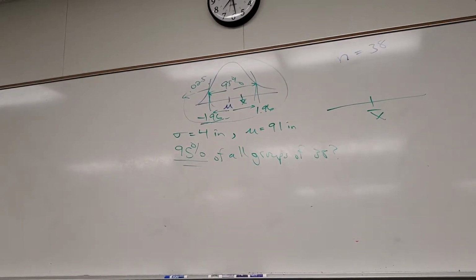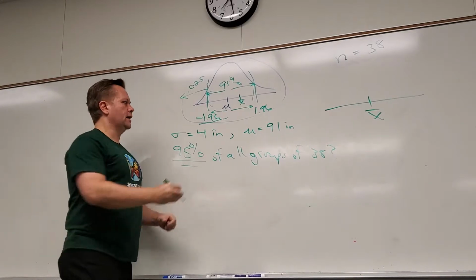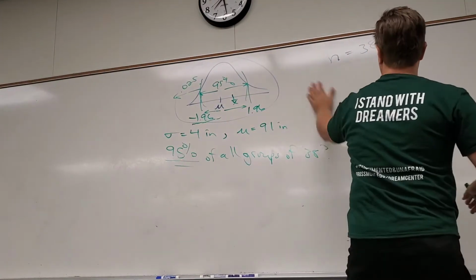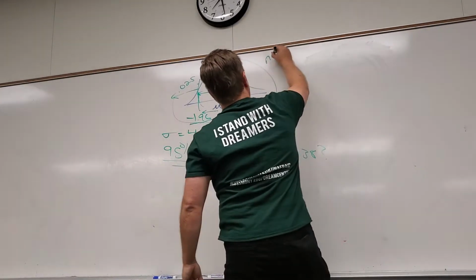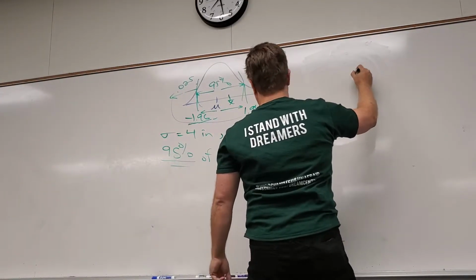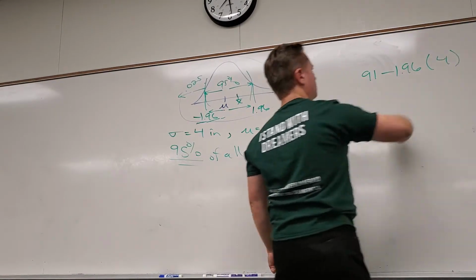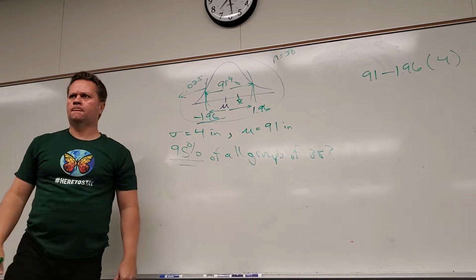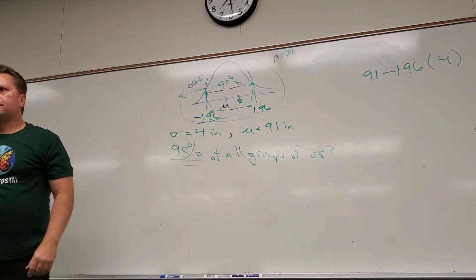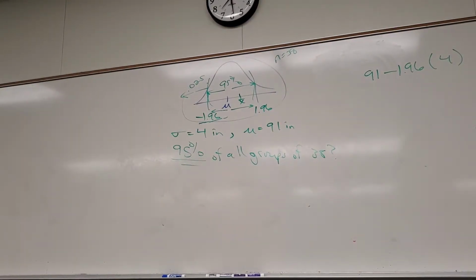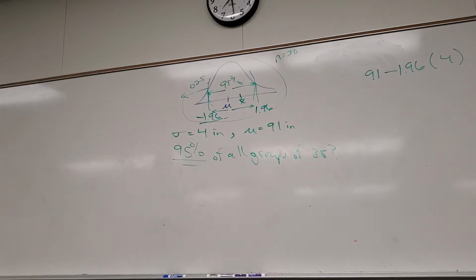Okay. Now, why can't I do this? What's wrong with this equation? Dolphin God can be wrong. What's wrong with me doing this? 91 minus 1.96 times 4. There's one thing that's wrong with that. Did I go down 1.96 of the right step size?